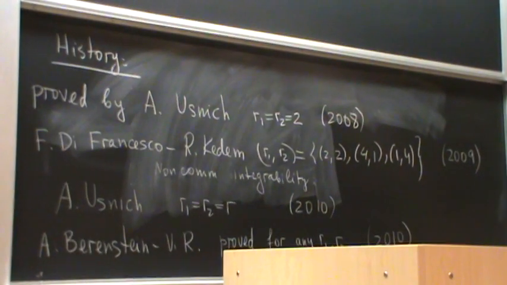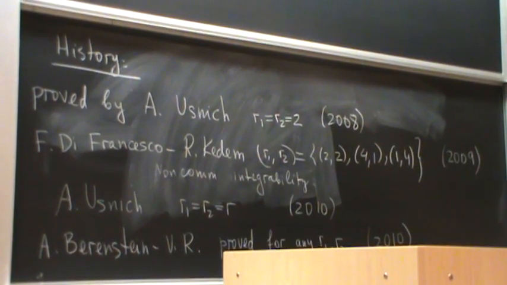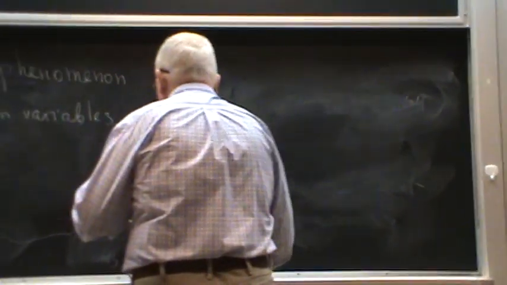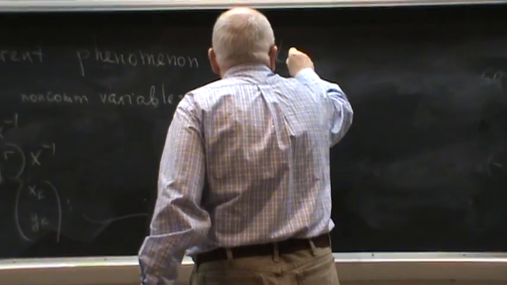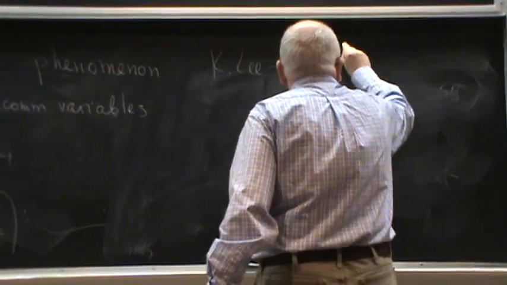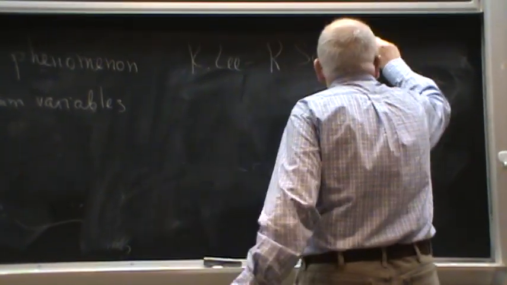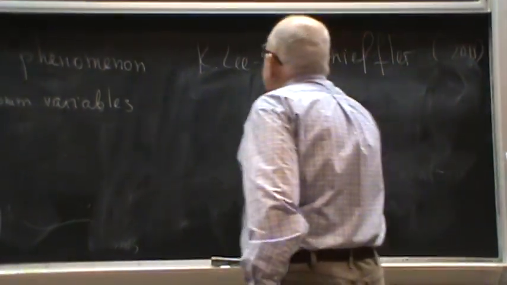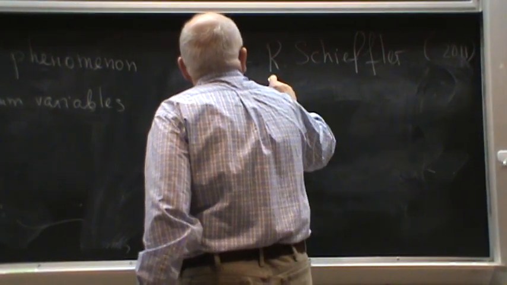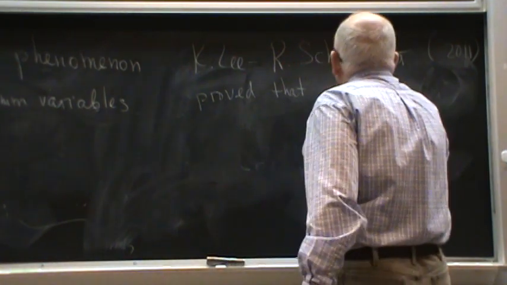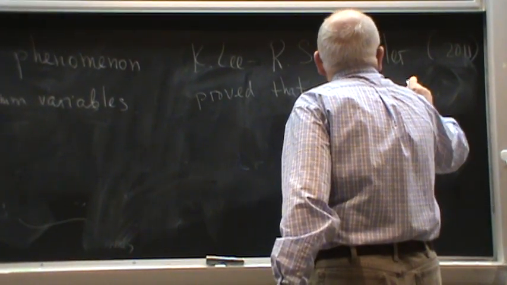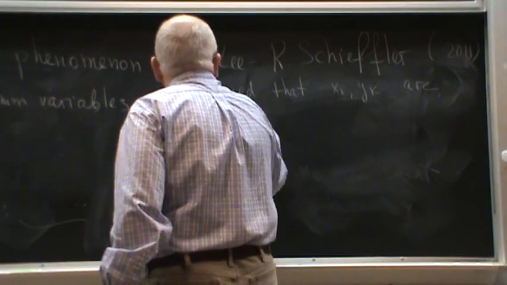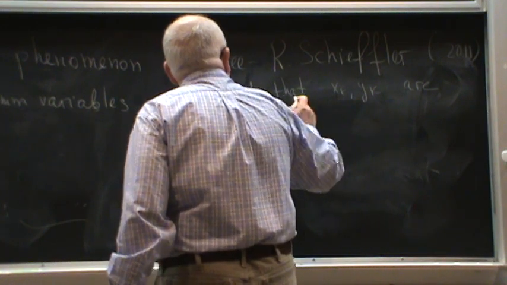But then there was an interesting development: Lee and Schiffler, in 2011, proved that xk and yk are Laurent polynomials with non-negative coefficients.